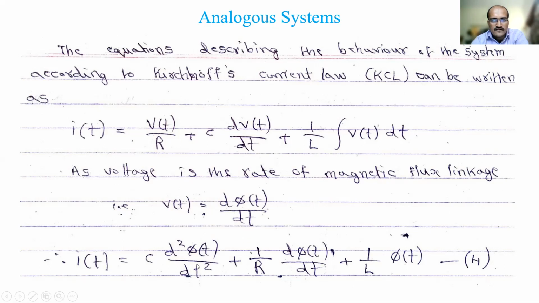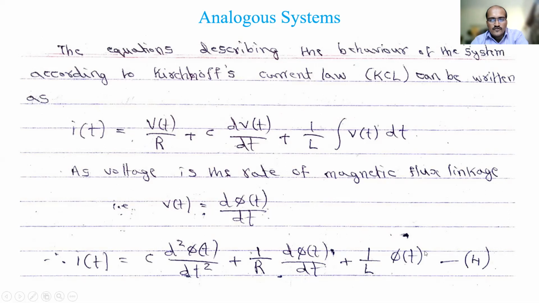That's why I will write that term first, C into d square phi of t by dt square, plus 1 by R, which is there already, times V of t, which I substitute as d phi of t by dt, plus 1 by L. For the integration of V of t, differentiation and integration cancel out, and the remainder is phi of t. So you'll get equation 4.